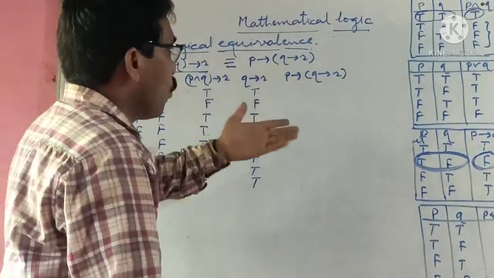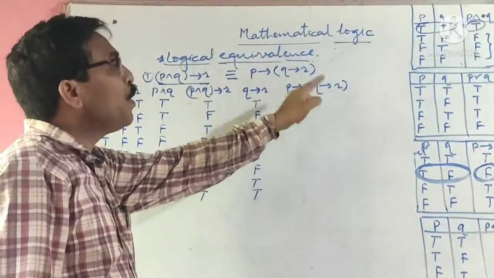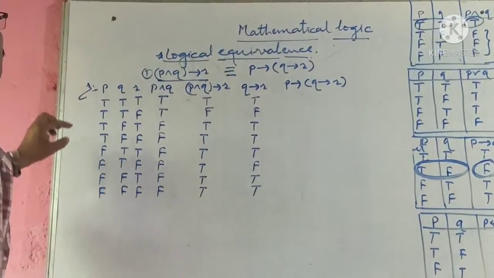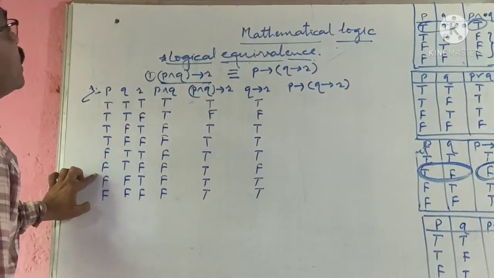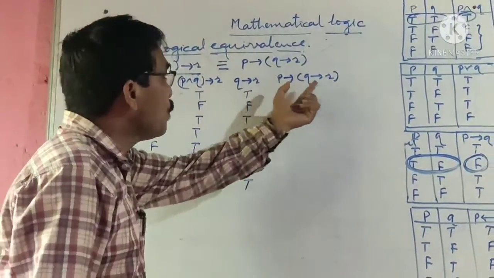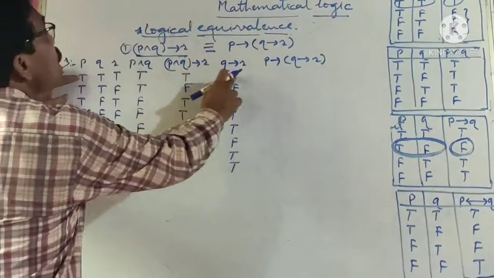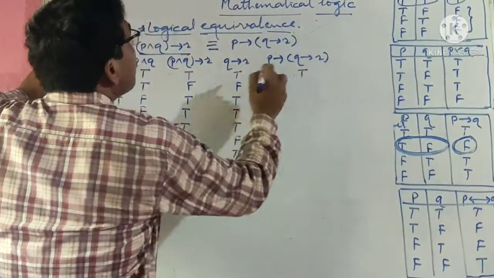Now we have this last column. P implies Q implies R. P implies Q implies R means what? The column of P is this and the column of Q implies R is this. Now this T implies T, we have T here.